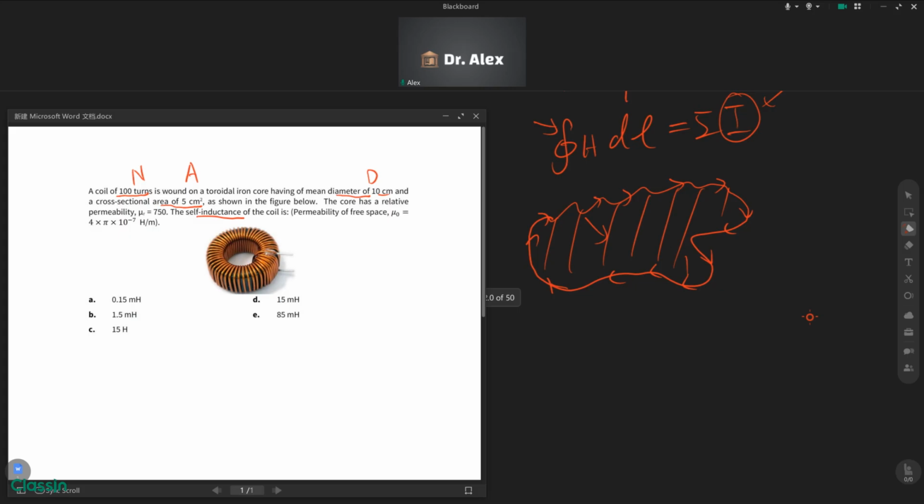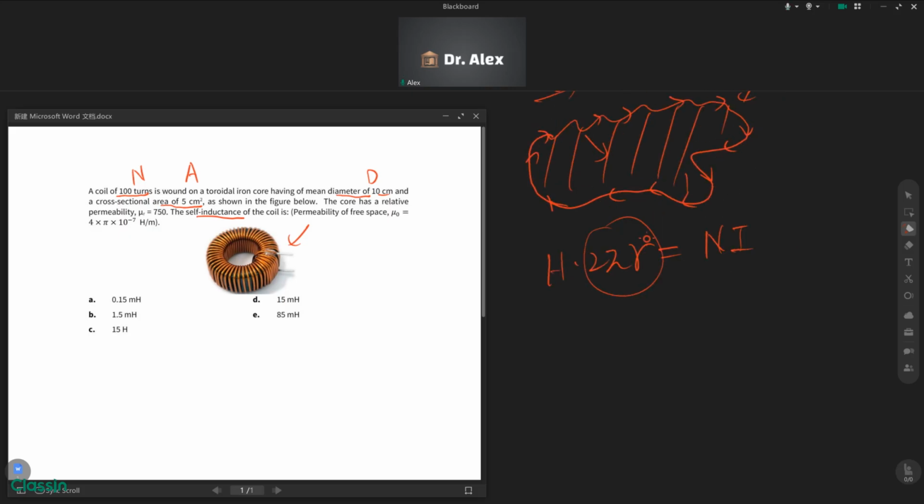All right. So we can easily solve this equation, which is H times 2 pi r equals Ni. Because our magnetic material is a circle, we use a circle as the closed one-dimensional curve. So H is B divided by mu, which equals Ni divided by 2 pi r.